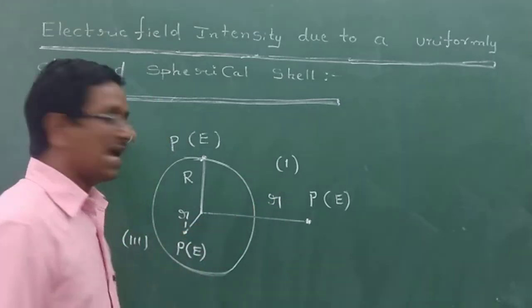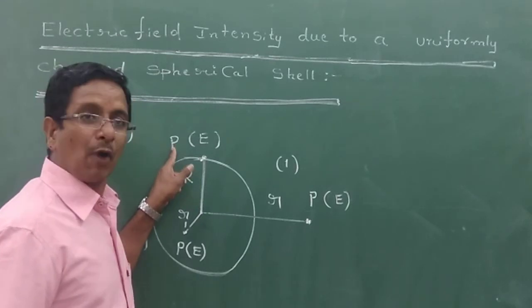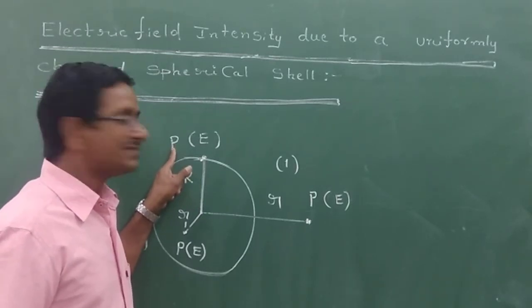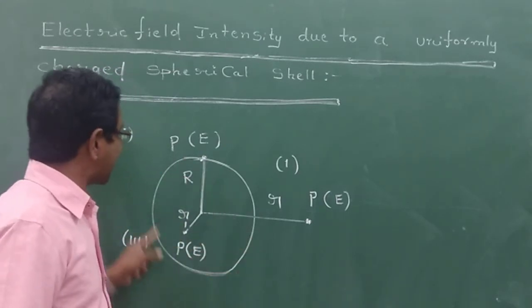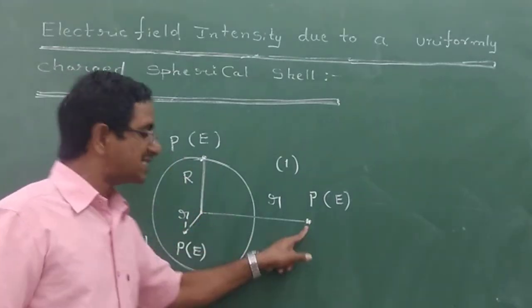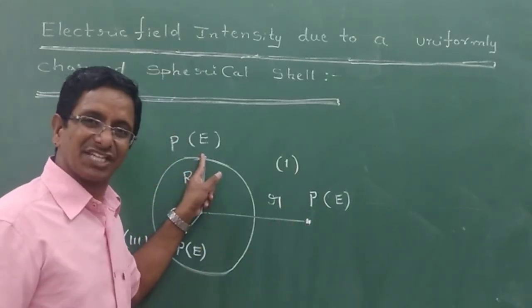Case number 2: our aim is to find electric field at a point P of radius R on the spherical shell. Case 1 is outside of the spherical shell, and case 2 is on the spherical shell.